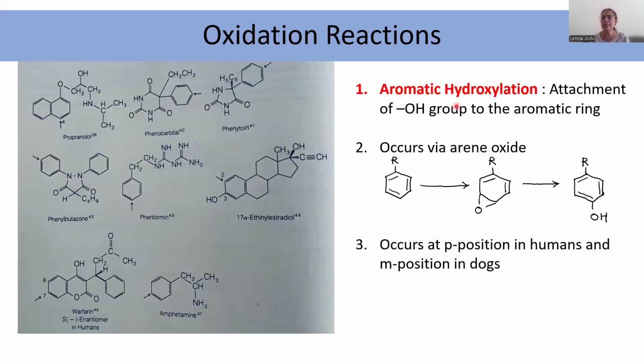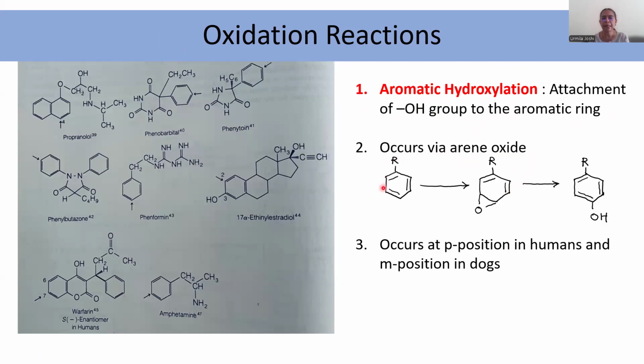The first type of reaction is aromatic hydroxylation. Aromatic hydroxylation means attachment of an OH group to the aromatic ring. This occurs via formation of arene oxide.